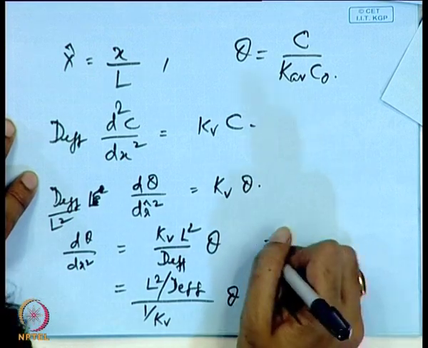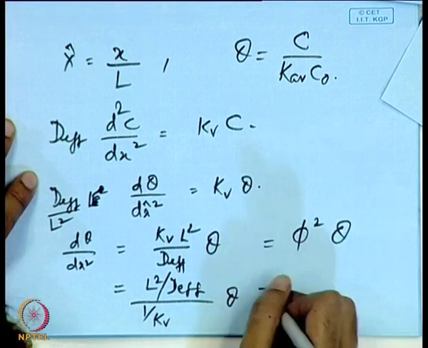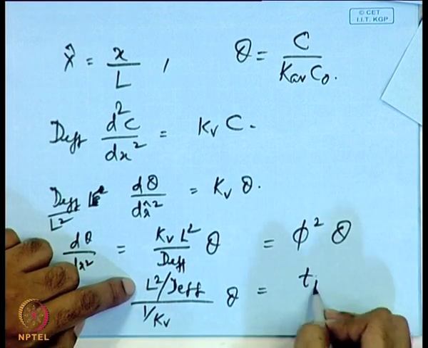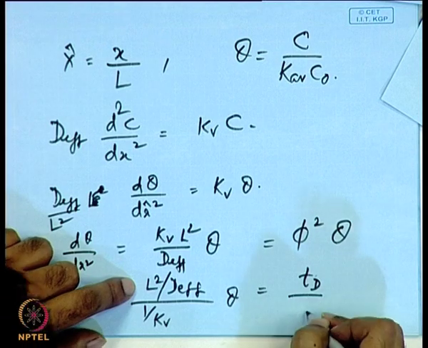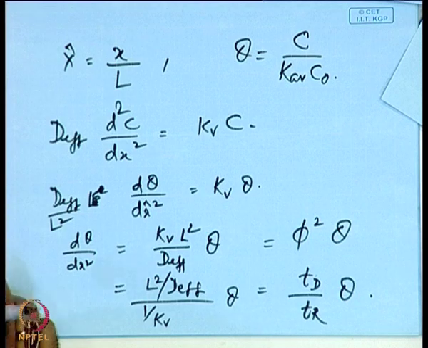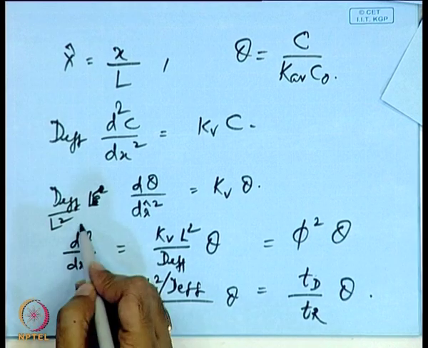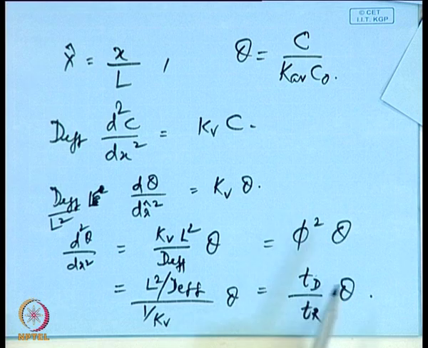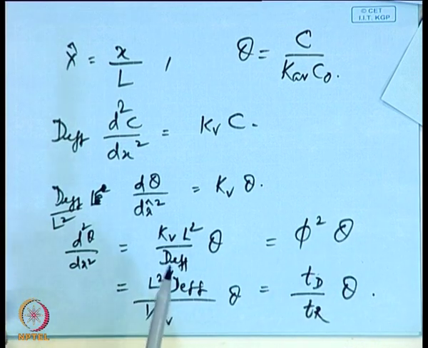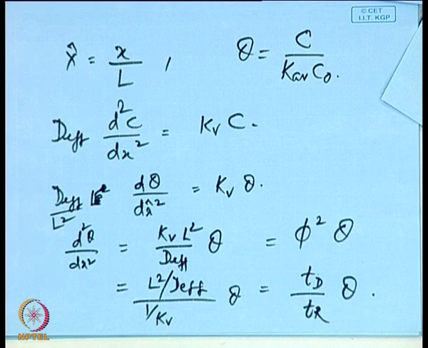And so this is phi square times theta. What is this term? L square over D effective is the Td, the transverse diffusion time. This is the transverse reaction time. So you get theta phi square. This is your basic equation, del 2 theta del x square equals phi square times theta, and phi square is kV L square over D effective, the ratio of the transverse diffusion time over reaction time.